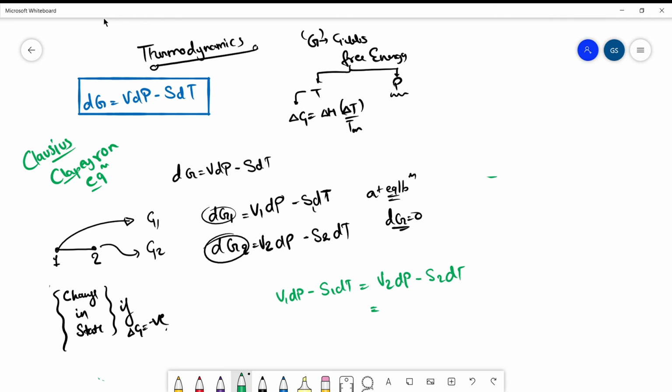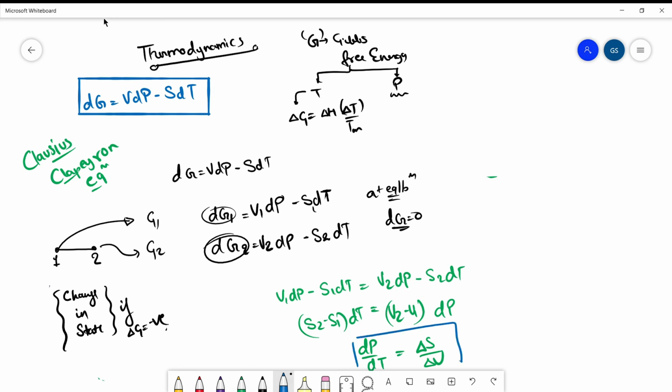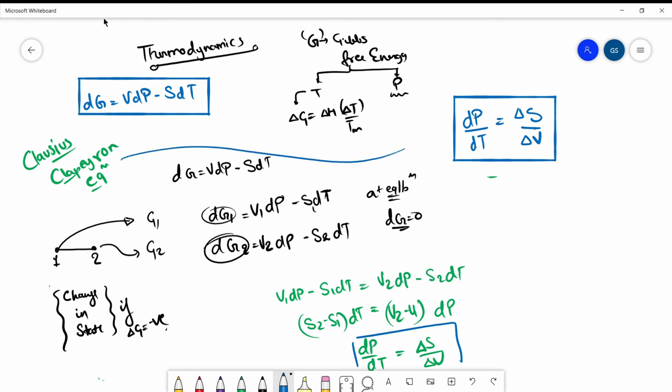We get V2 minus V1 times dP equals S2 minus S1 times dT. So we can see that dP by dT is nothing but delta S by delta V. This is our basic Clausius Clapeyron equation. I'll just write it down here: dP by dT is delta S by delta V.